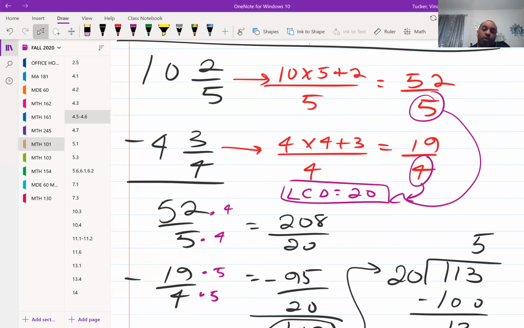So I need to turn 52 over 5 into a fraction that has a denominator of 20. So I multiply top and bottom by 4. I need to turn 19 over 4 into a fraction that has a denominator of 20. So I multiply top and bottom by 5. So that gives us these fractions: 208 over 20, 95 over 20.